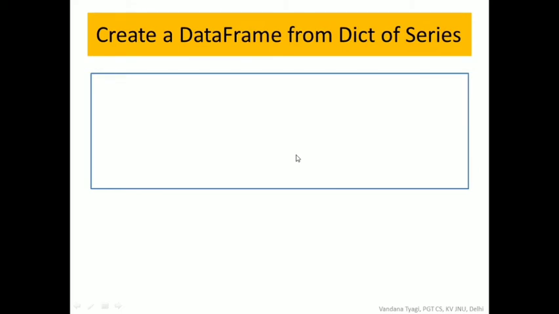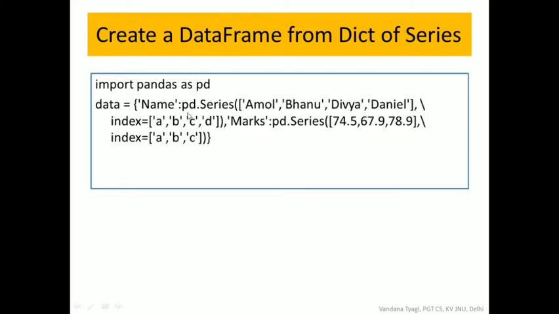Now creating a data frame from a dictionary of series. Again we are taking a dictionary here, but inside my dictionary, in the key value pairs, the values are now series. So the pd.Series function is used to convert each list into a series. We are creating a series here with the names and specifying indexes as A, B, C, D. Similarly for marks we are writing this.